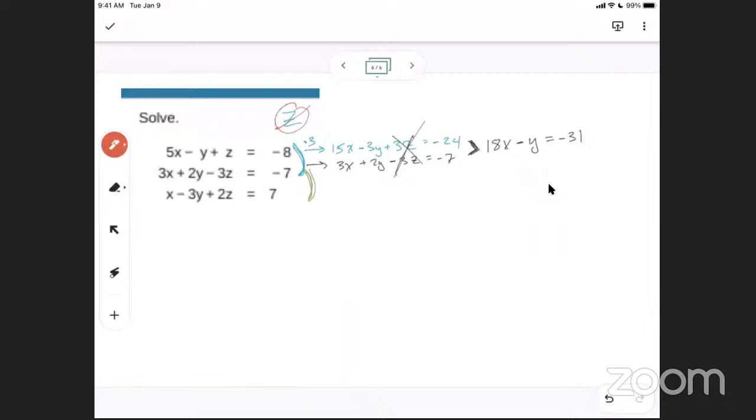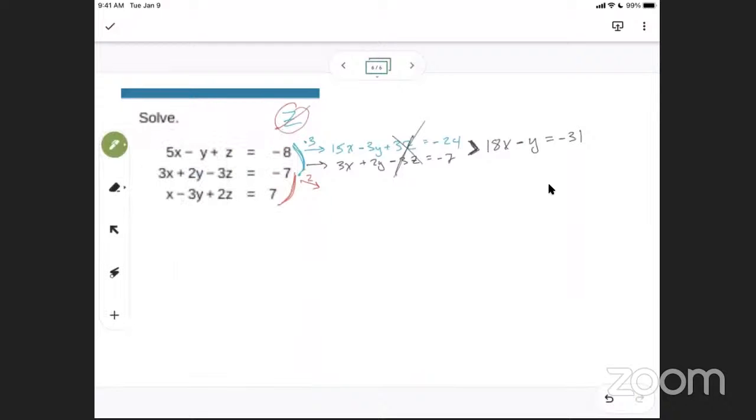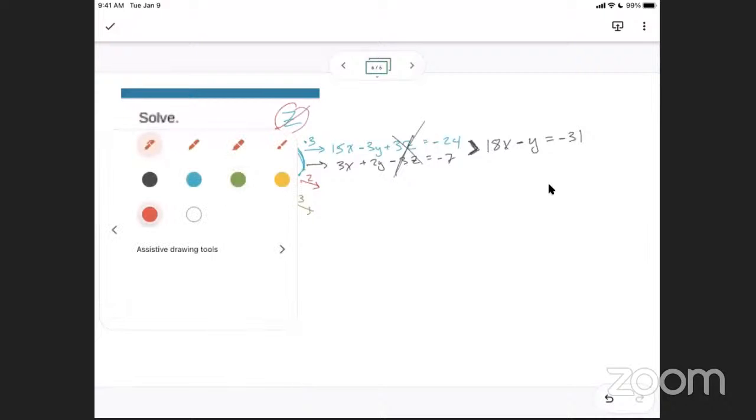Let's multiply this equation by positive 2. And we're going to multiply this equation by positive 3. You understand why? Because I'm trying to eliminate the z. You follow? So let's write that out.